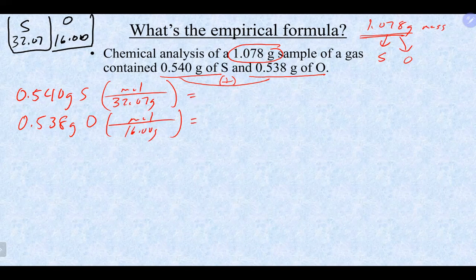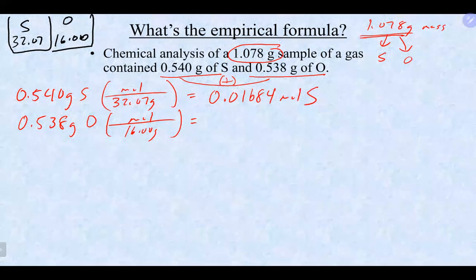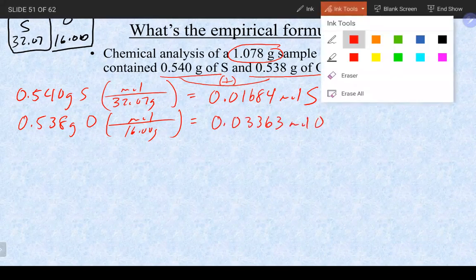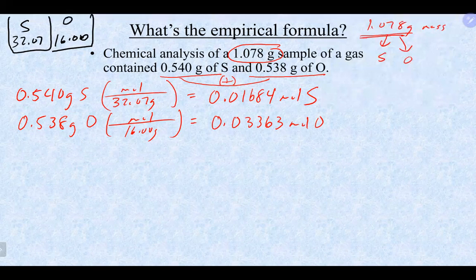That's going to give us for our sulfur 0.540 divided by 32.07, which gets us 0.01684 moles of sulfur. And for oxygen, 0.03363 moles of oxygen.